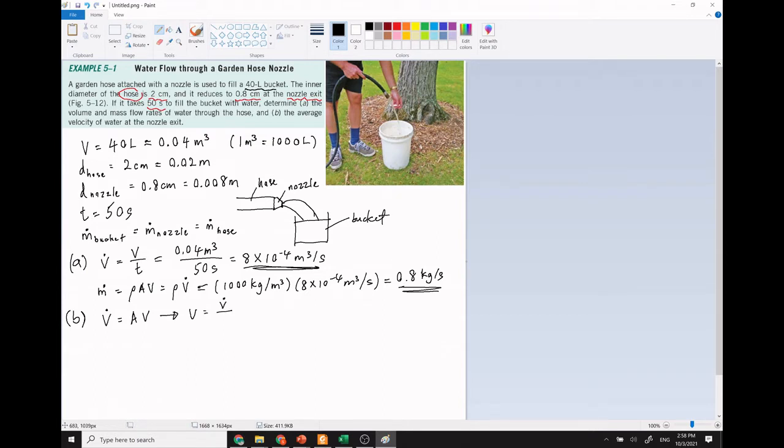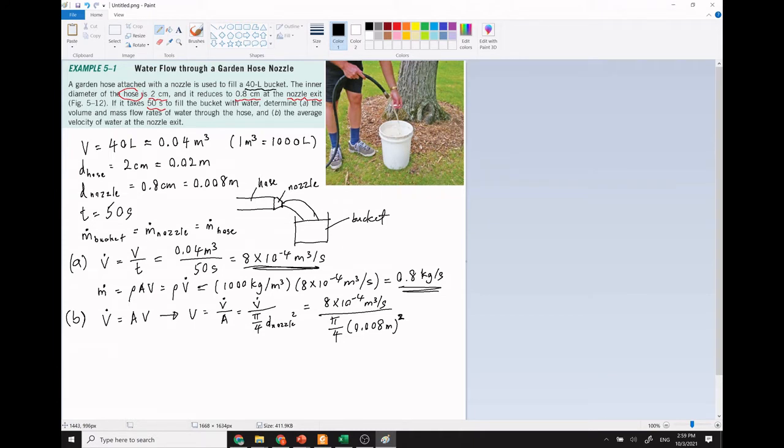V dot over A, where A equals pi over 4 D nozzle square. So here you get 8 multiplied by 10 to the power -4 meter cube per second, and here is pi over 4 multiplied with the diameter of the nozzle, 0.008, squared, meter square.